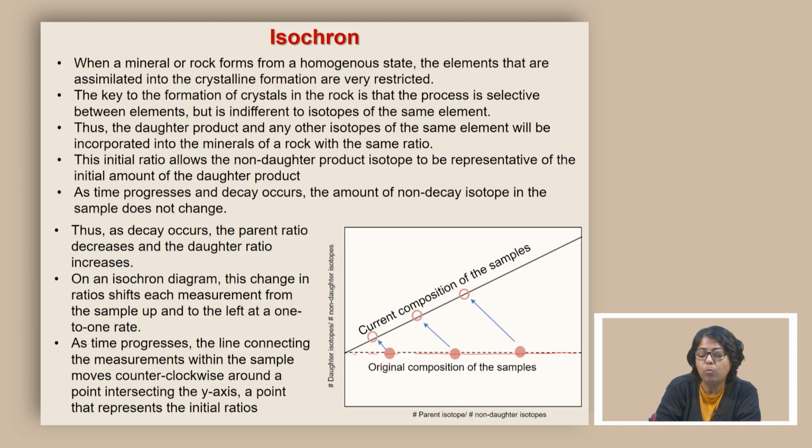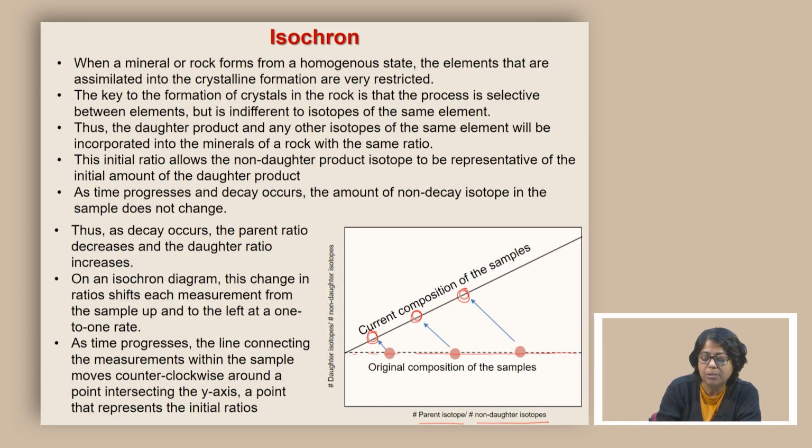But what we observe is this daughter isotope divided by non-daughter isotope, but again of the same element, and this is the parent isotope divided by non-daughter isotope. We can actually measure those things, and this measurement from different minerals is going to give us these patterns.